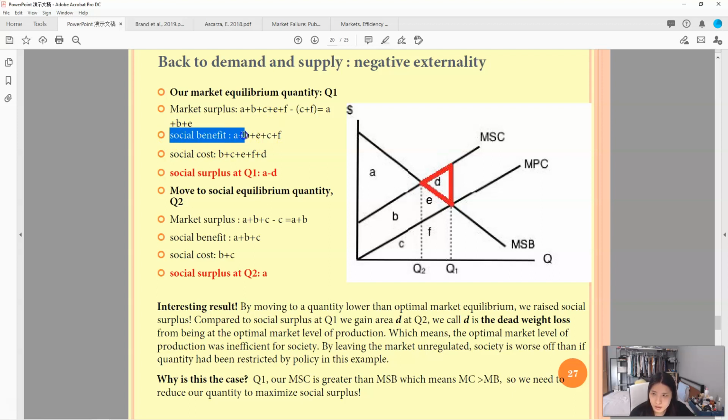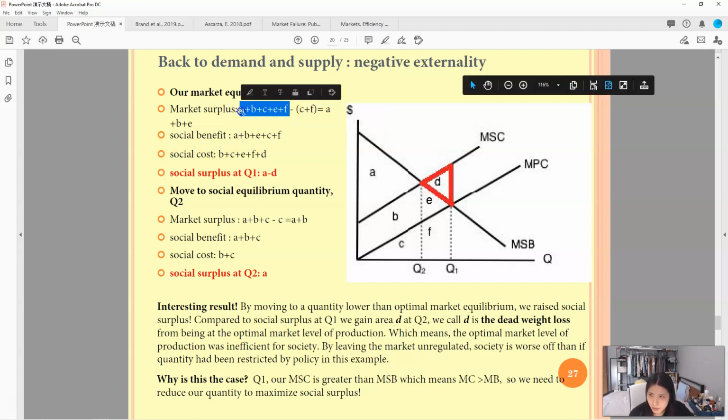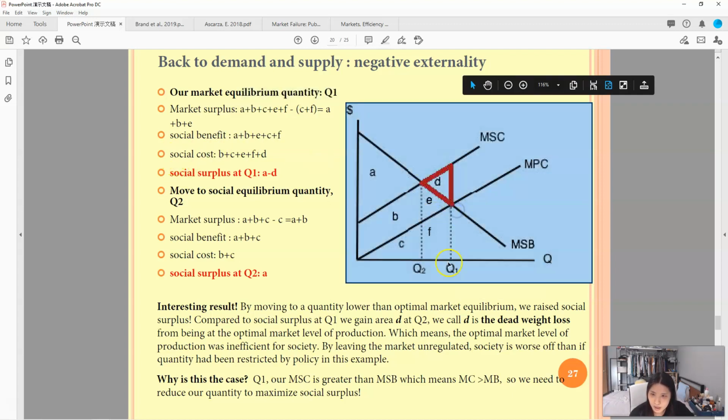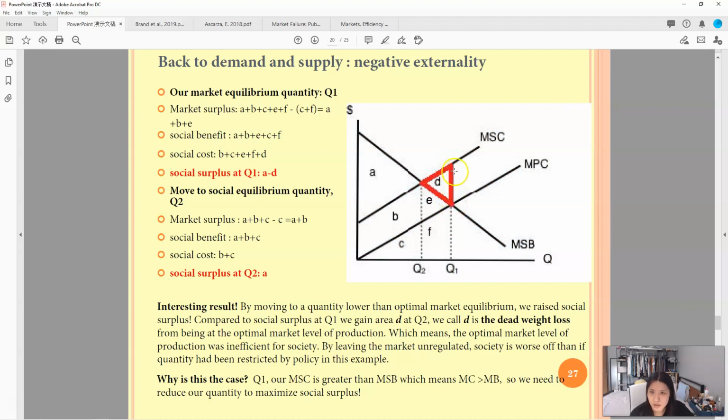As we can see, the social benefit is exactly the same as our market benefit. However, the social cost at quantity Q1 would be the area under the marginal social cost curve, which is the sum of B, E, D, C, and F.